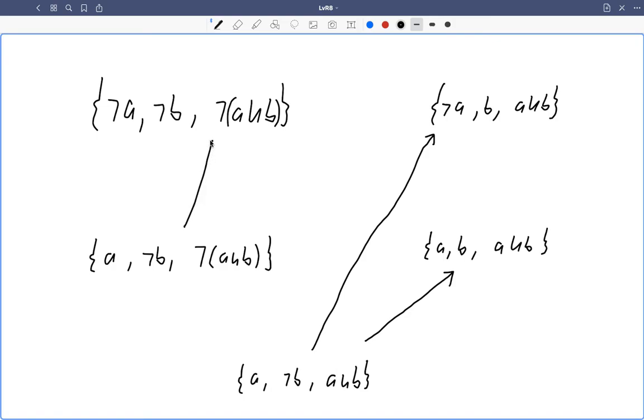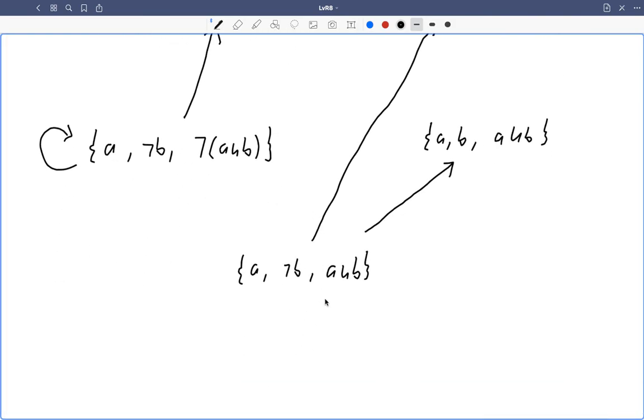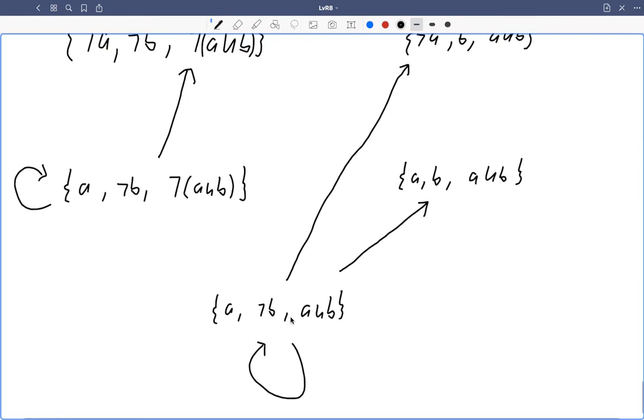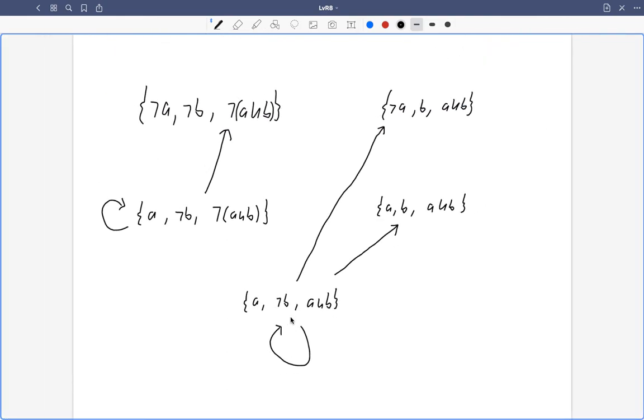So that goes to here, and it also goes to itself. And I forgot to do that this one goes to itself. And, well, one could spend quite a bit of time working out all the cases, but let me just complete the picture. But it's a very good exercise to do this for yourself.